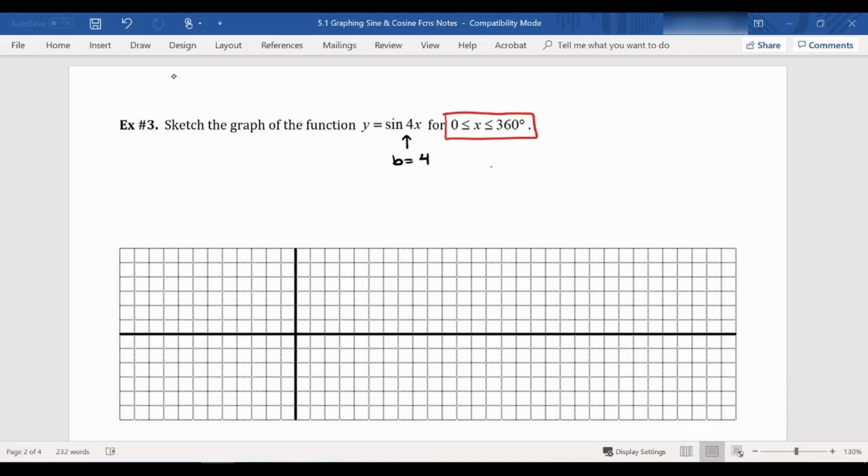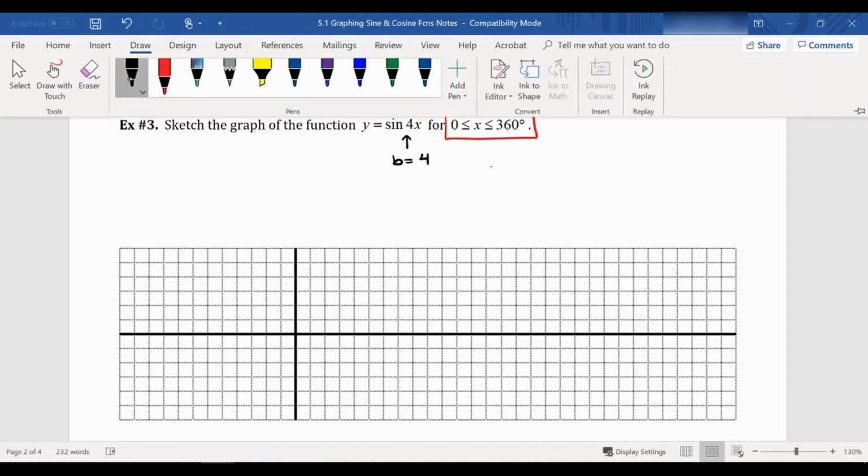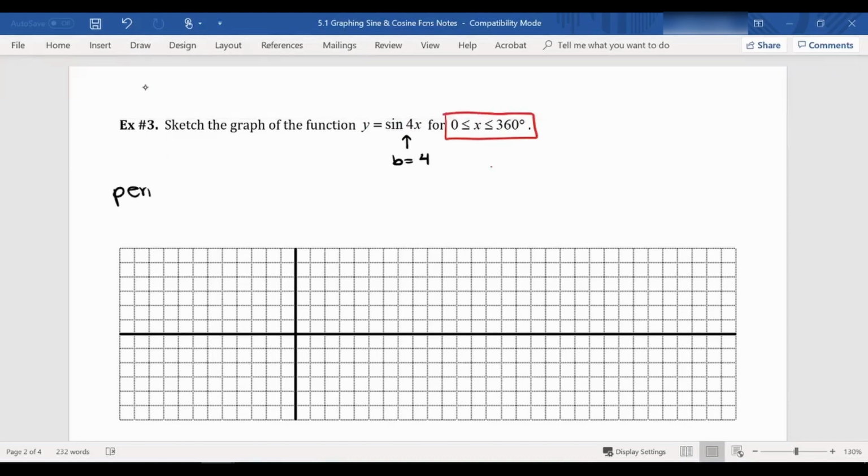So if our period is normally 2 pi over b, my b is 4, so this is going to give me 2 pi over 4 or pi over 2. But our question's in degrees. So pi over 2 we know is 90 degrees. This means we'll do a whole cycle in 90 degrees.